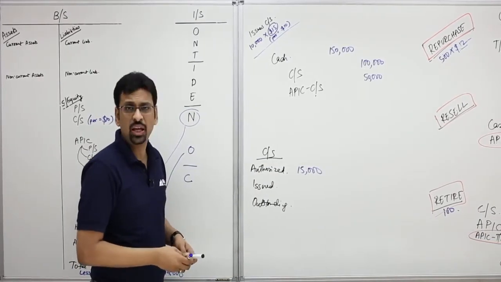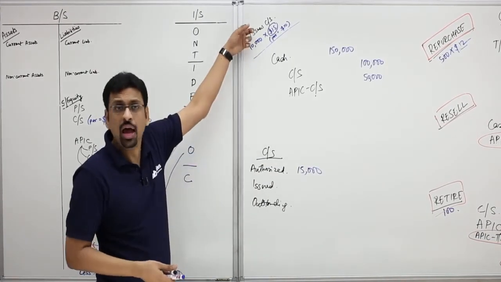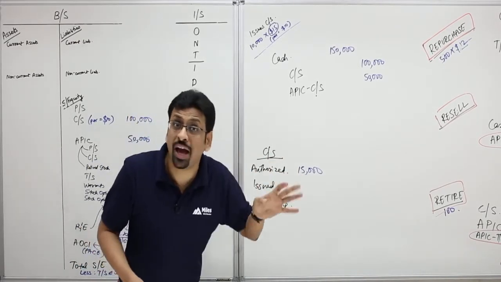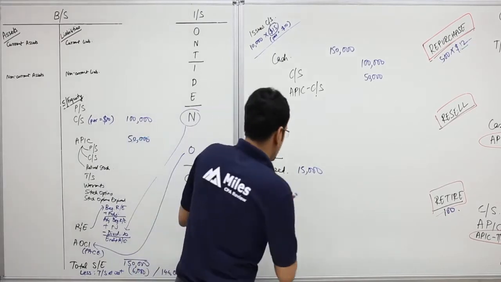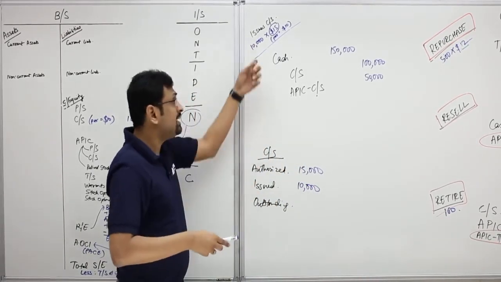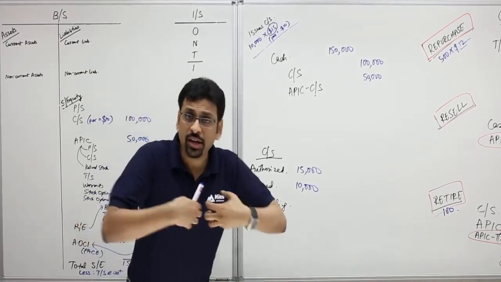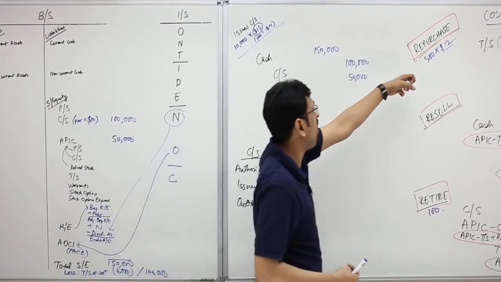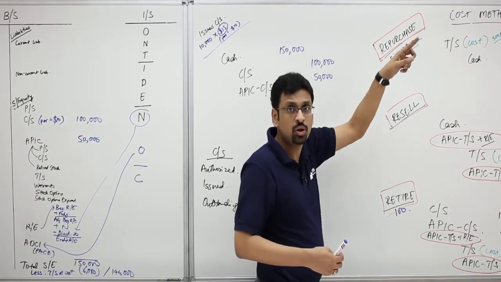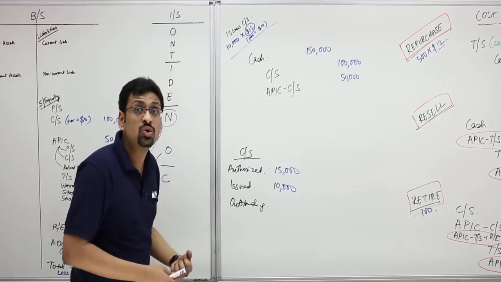How much did they actually issue? They issued 10,000 here. So they were allowed to issue 15,000. They didn't issue all of that. They issued only 10,000. So issued is 10,000. Now of the 10,000 they issued, they went out and they bought back, let's say 500. They repurchased 500 of their common stock, which became treasury stock. So how much is outstanding?